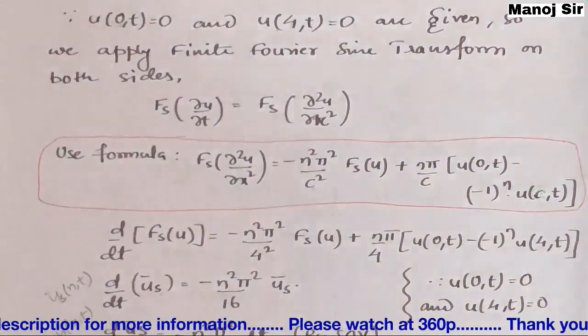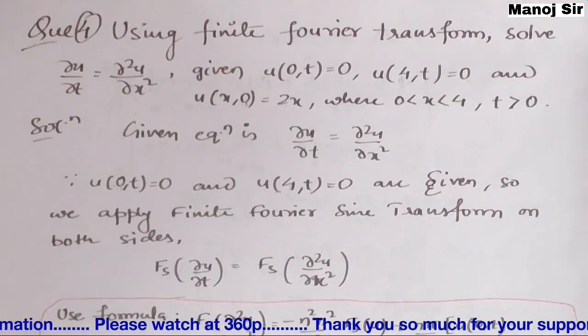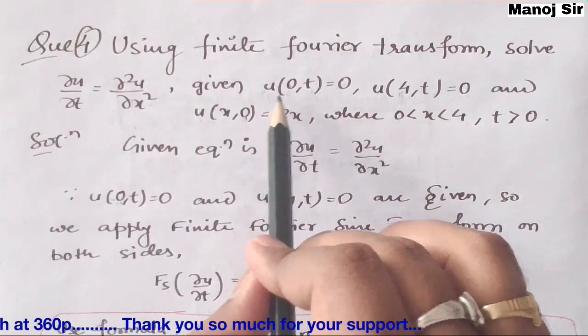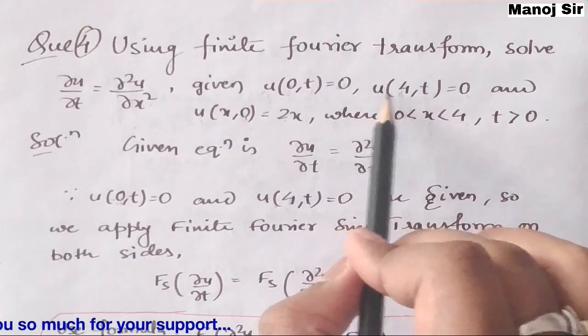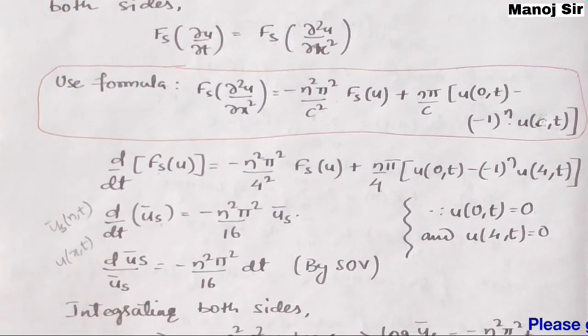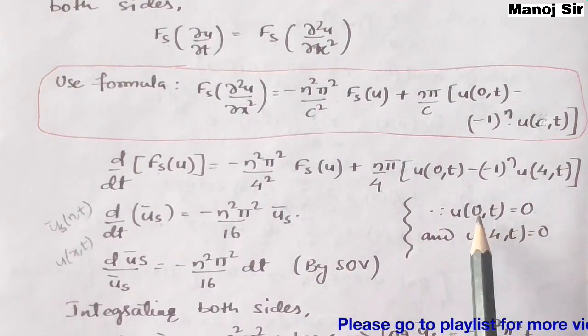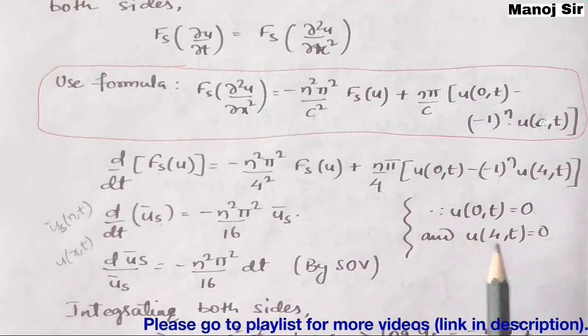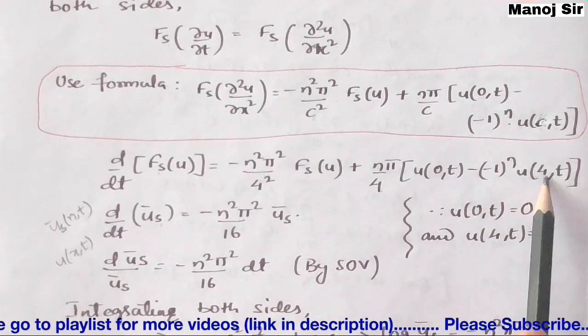And here in the problem, u at x equal to 0 is 0, and u is again 0 at x equal to 4. So both values are 0.